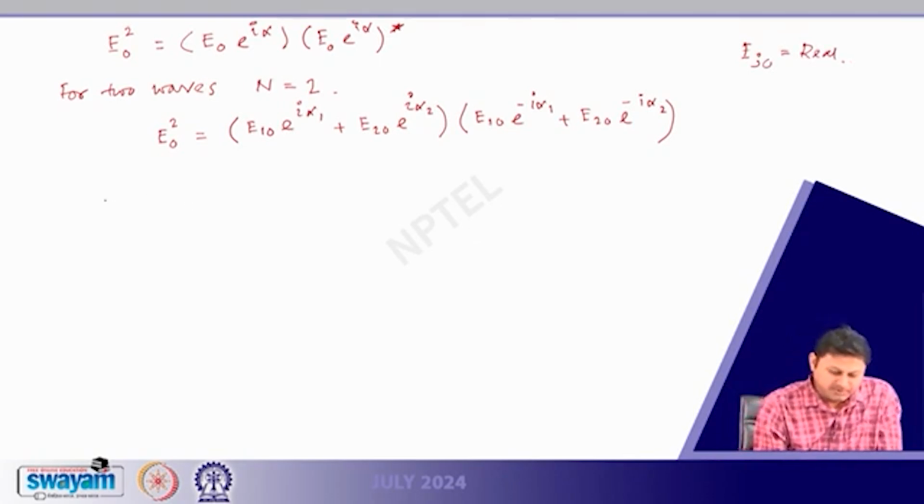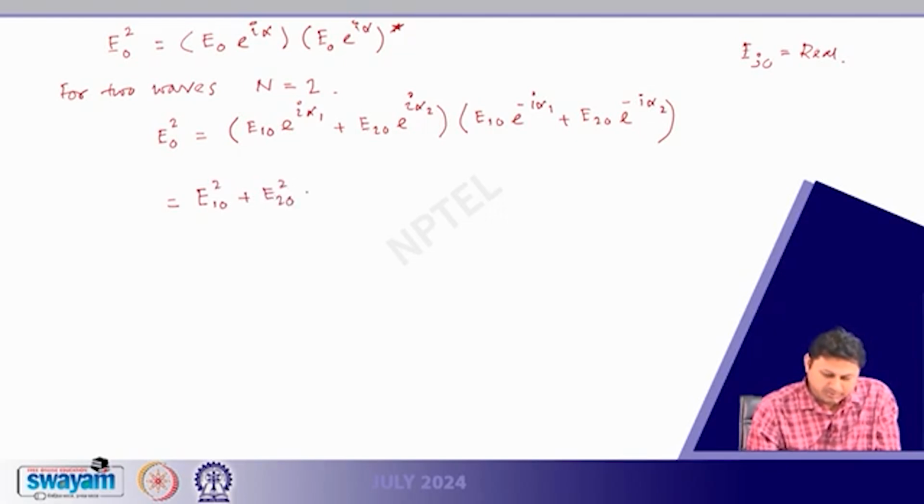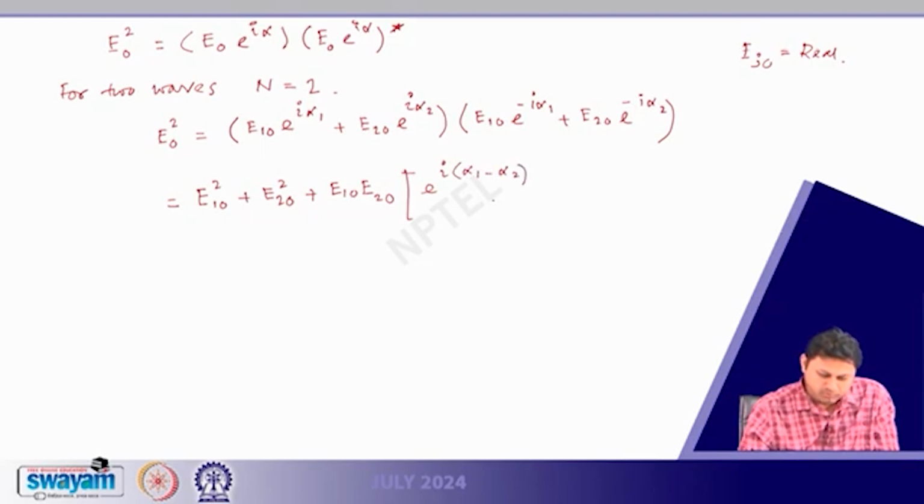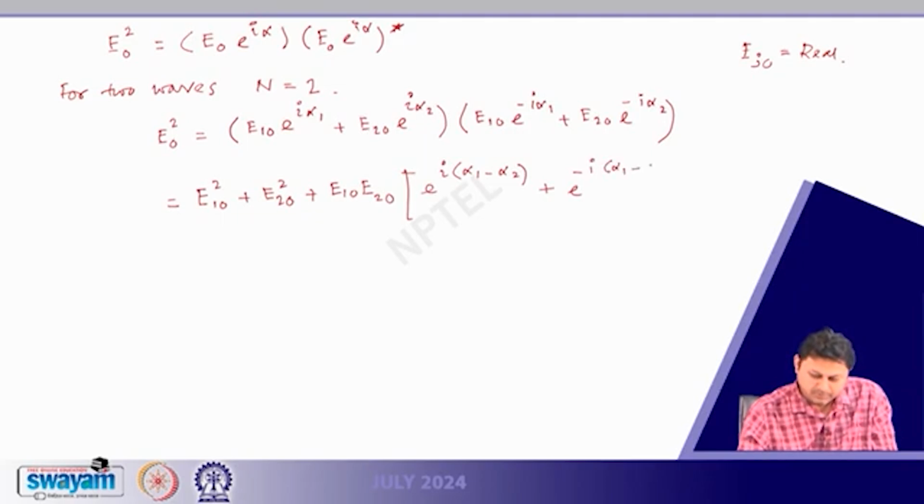So from this expression it is easy to show that E0 square is equal to E10 square plus E20 square plus E10 E20 times e to the power of i alpha 1 minus alpha 2 plus e to the power of minus i alpha 1 minus alpha 2.